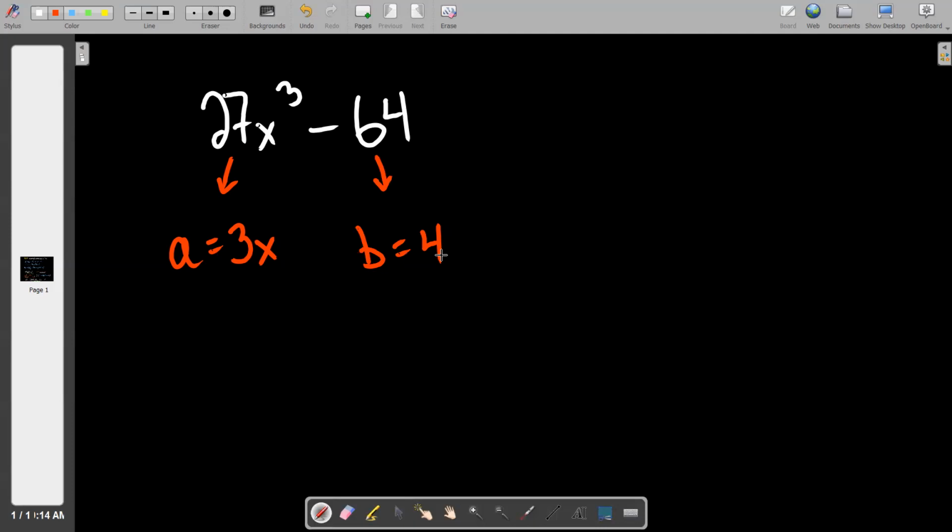All right, so the formula, I guess I'll just write it down and make it official. This is, of course, called a difference of cubes. It stands to reason. It's a difference because there's a minus sign in the middle. It's a sum when it's a plus sign in the middle. And so for a difference of cubes, we have another formula, and it says this.